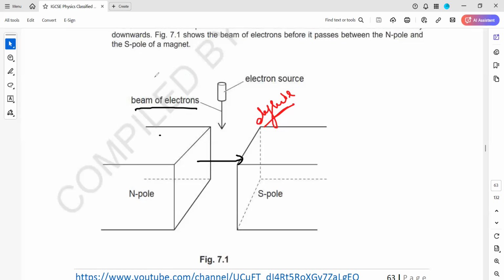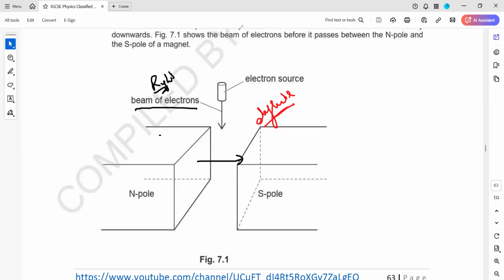But for example, instead of using your left hand for a negative particle, you will use your right hand to get the direction. But when you state the rule, you will say it's the left-hand rule, because the negative particles move in the opposite direction. So for working out the direction you can use your right hand, but the standard rule is left.